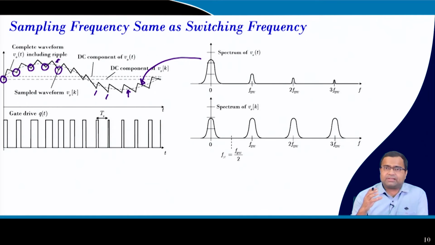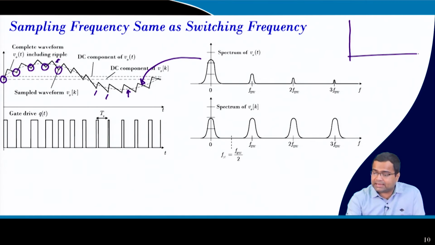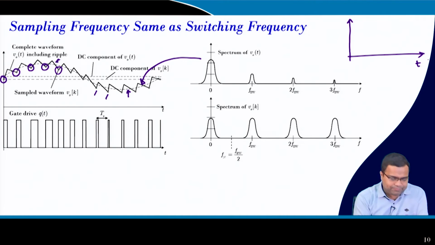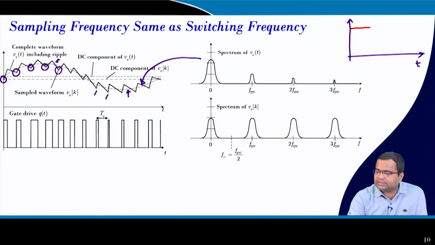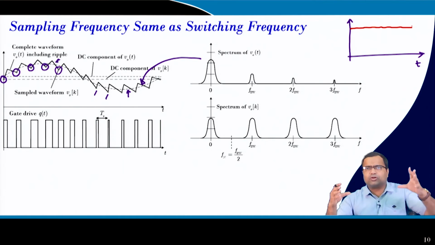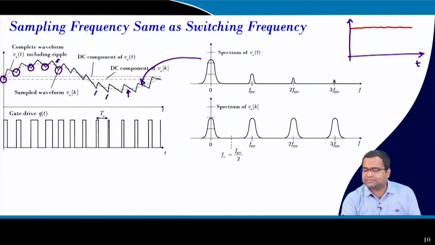We know the output voltage in a DC-DC converter should behave as DC, right? That means ideally, if this is my time domain waveform, our output voltage, if we take a division of 1 volt or 2 volt on the oscilloscope, we will simply see a flat output voltage.